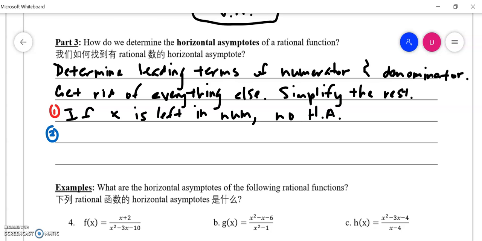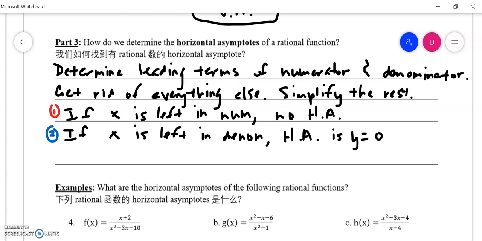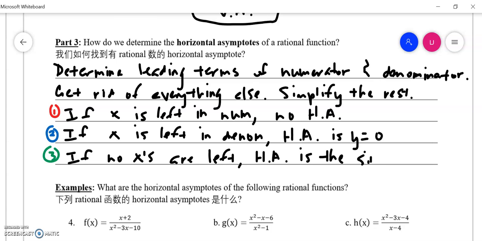Two, if x is left in the denominator, horizontal asymptote is y equals 0. And then three, if no x's are left, the horizontal asymptote is the simplified term.